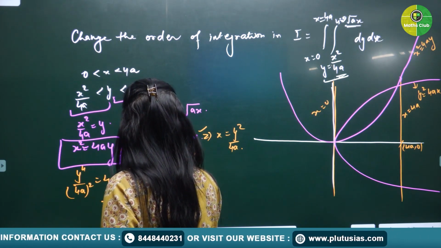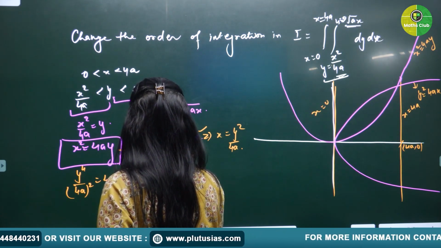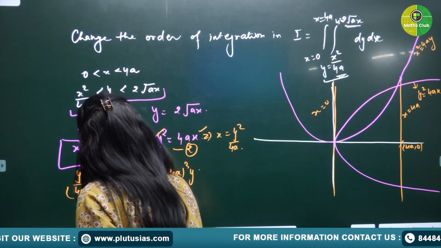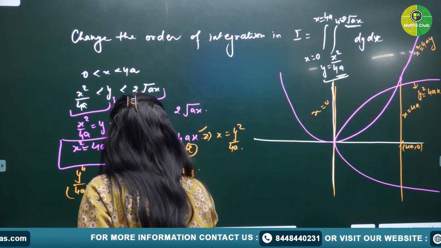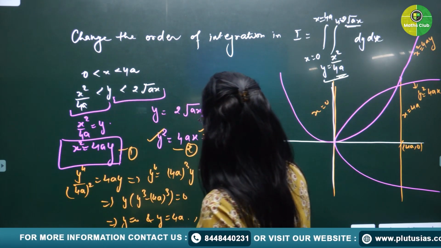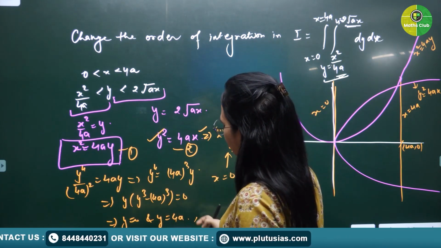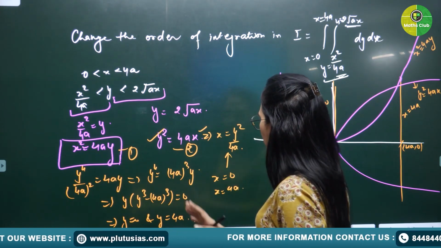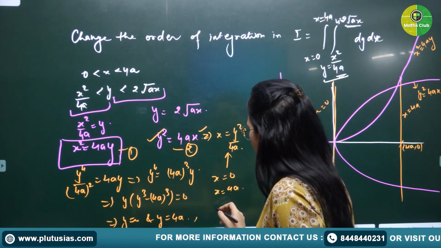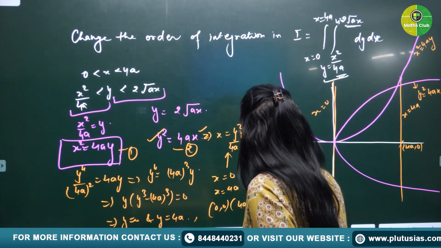We have y times (y cube minus 4a cube) equal to 0. So we have two values of y, that is y is equal to 0 and y is equal to 4a. When y is equal to 0, from this equation we get x is equal to 0, and when y is equal to 4a, we have x is equal to 4a. So we got two points of intersection, and these are 0, 0 and 4a comma 4a.